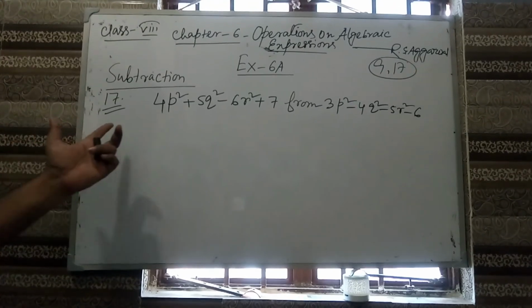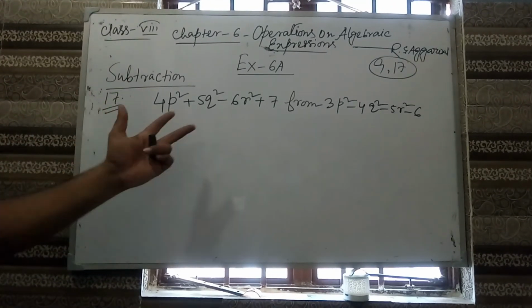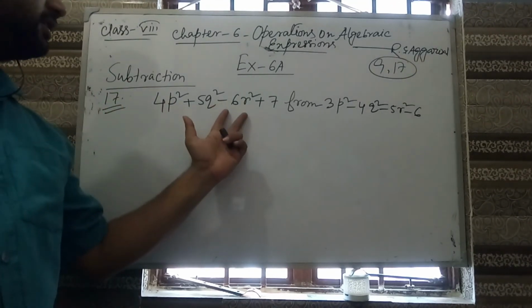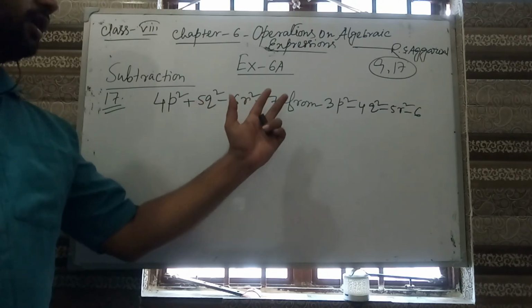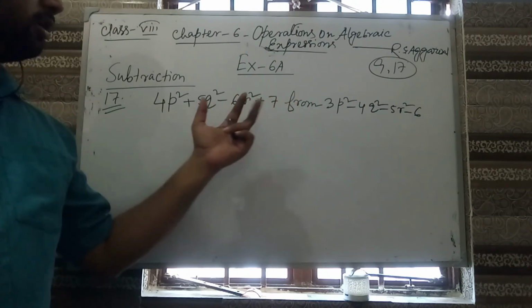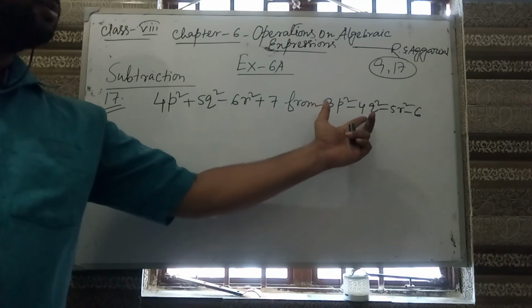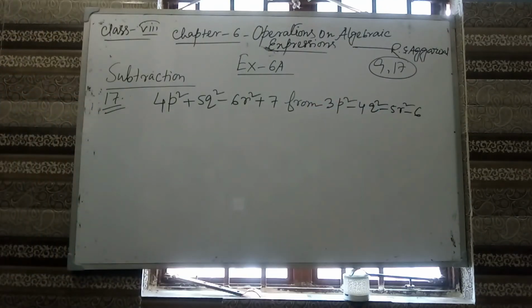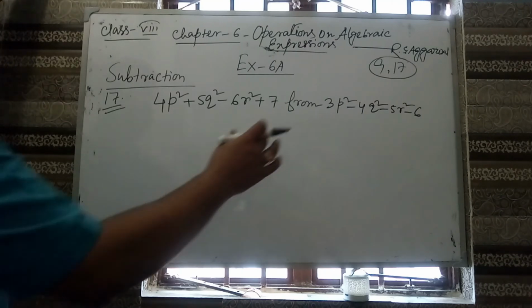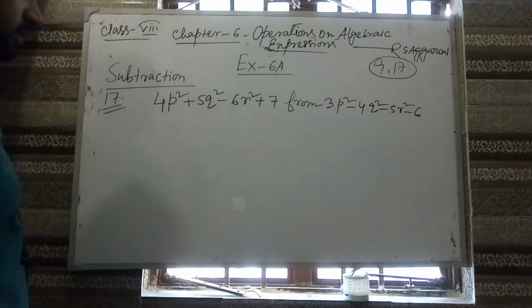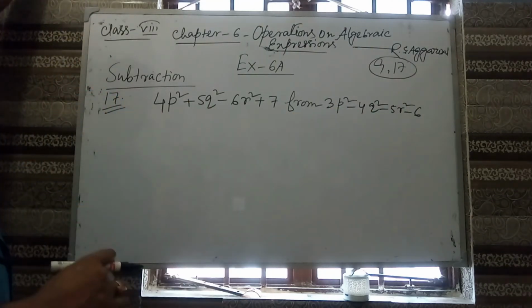So what is given in question number 17? 4p square plus 5q square minus 6r square plus 7. We have to subtract this one from 3p square minus 4q square minus 5r square minus 6. Okay. So from means we have to write down this one first, then this one second.